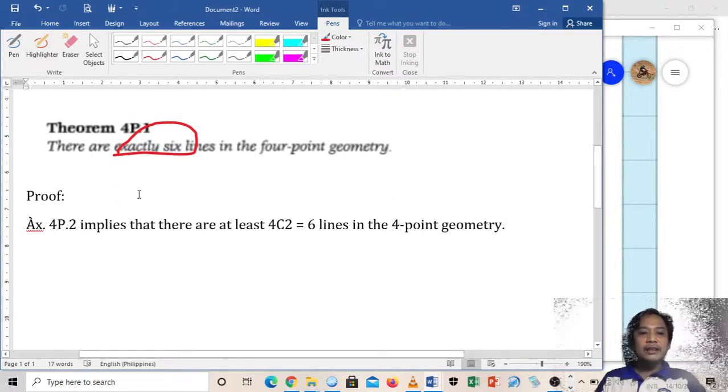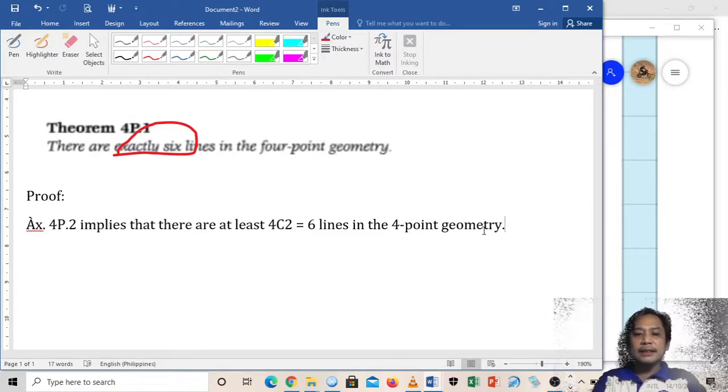So we now have to prove that there can be no other line except the 6 lines that we have named or considered. We can assume, suppose that there is a 7th line.